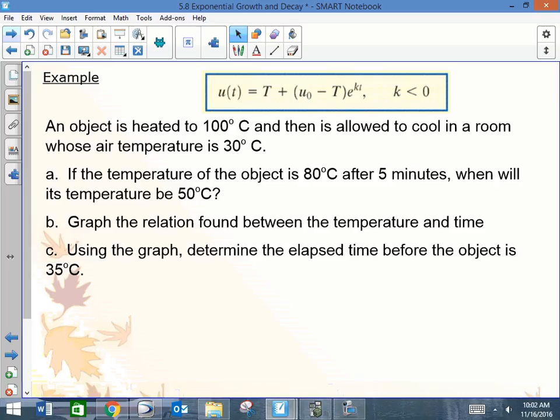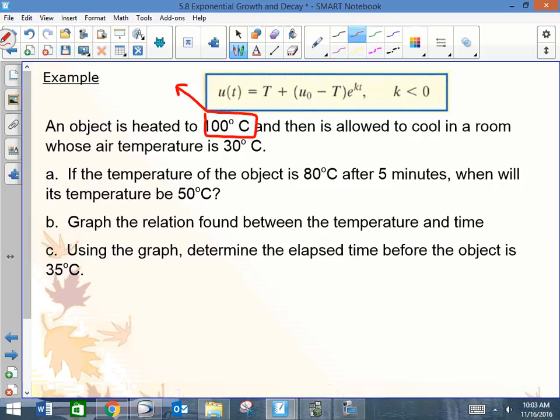All right. So what do we know about 100? What is that in this equation? U sub 0. And what's 30? T. And 80 is U of, specifically, U of 5.